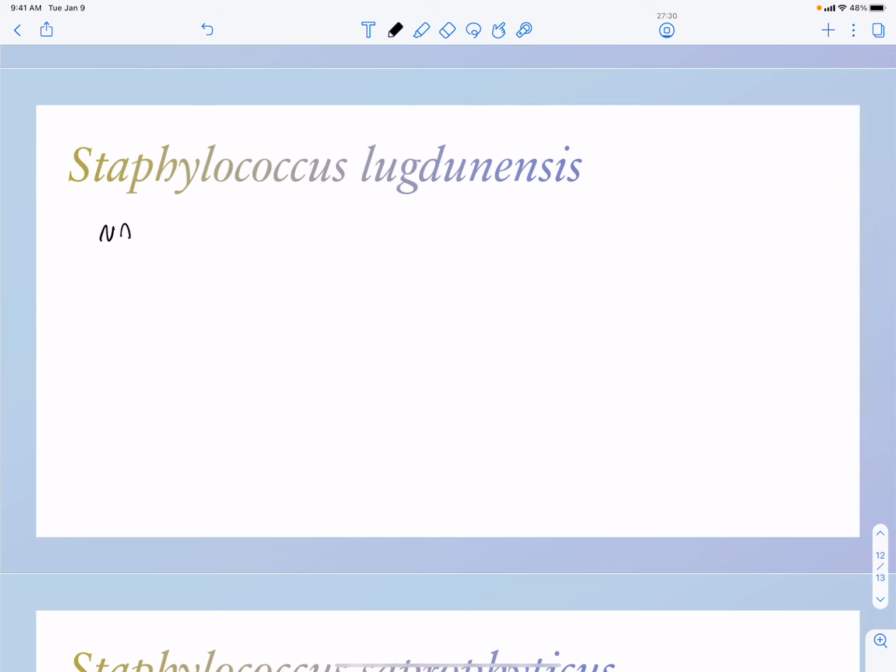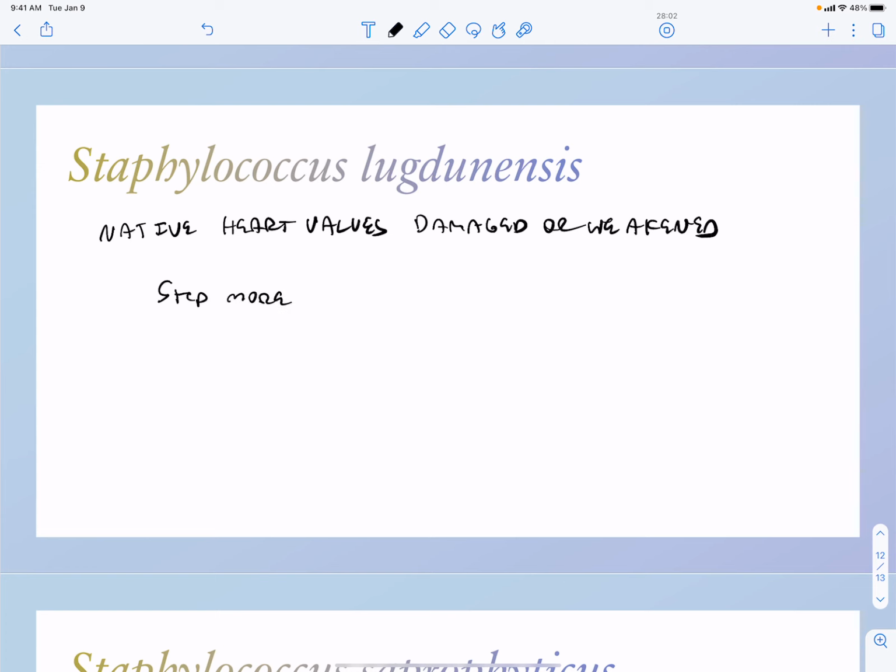But native heart valves, if they are weakened somehow or damaged, such as through rheumatic fever, you can have an infection with a Staphylococcus species. However, strep is always going to be the more common cause of a native heart valve infection.